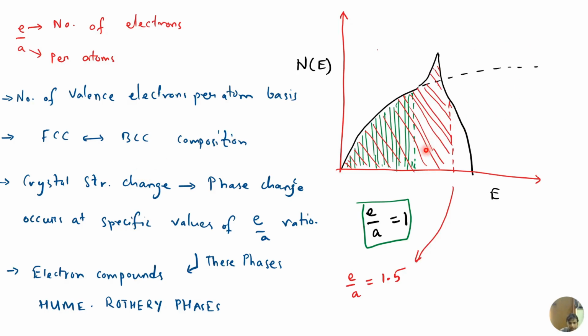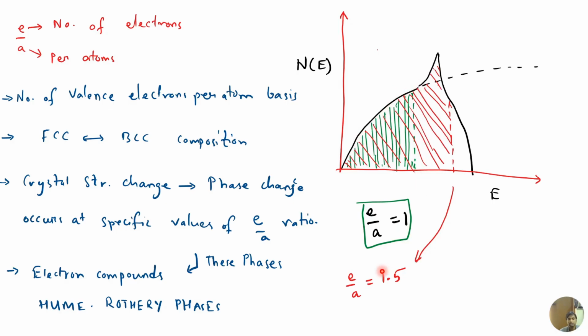So for example here, this is the actual N of E versus E. At the Brillouin zones, or at the Bragg planes, the N of E, or the number of electrons, will increase beyond the free electron part. When E by A is 1, or the valency is 1, up to here it follows a free electron curve.